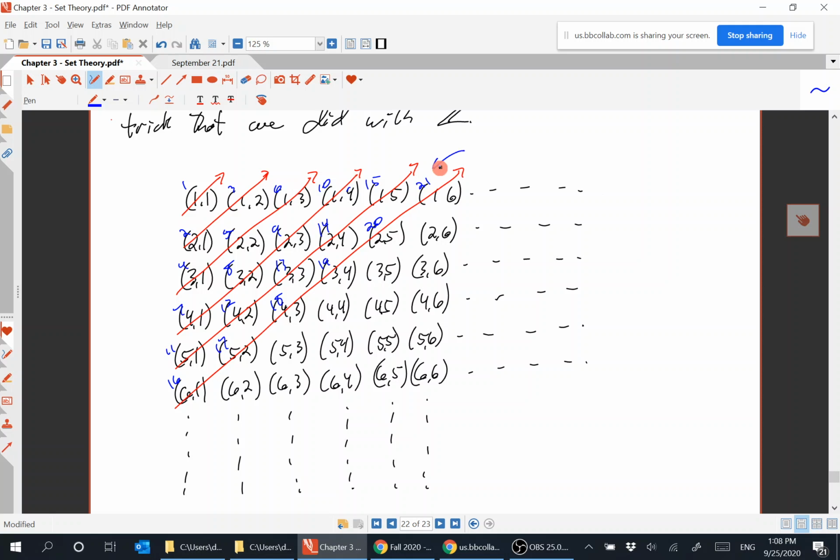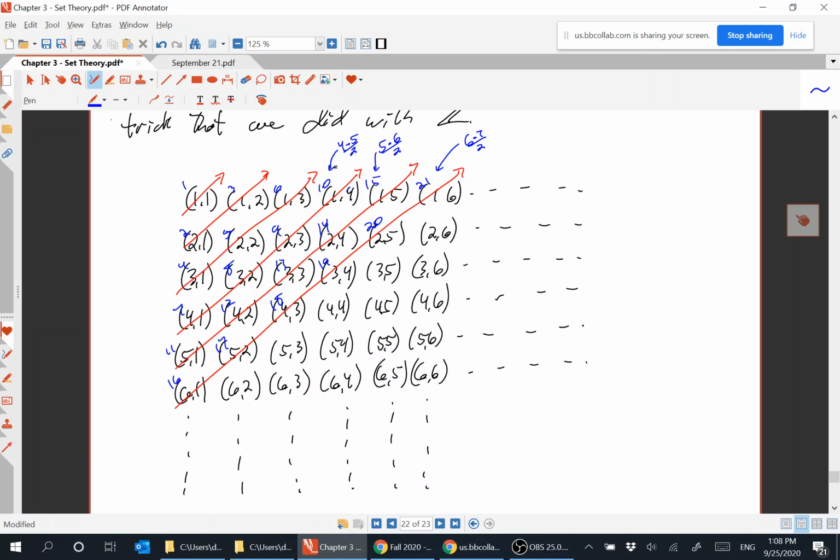Anyway, if this is the first, second, third, fourth, fifth, sixth diagonal, this number is 6 times 7 over 2. 5 times 6 over 2. 4 times 5 over 2.